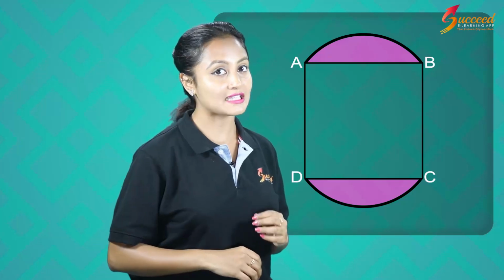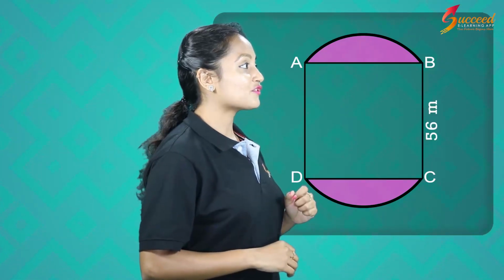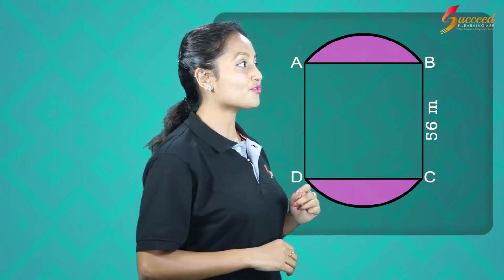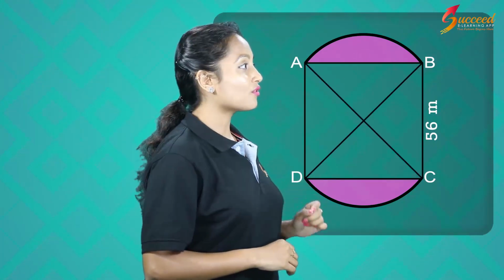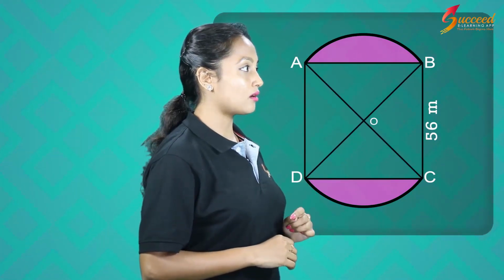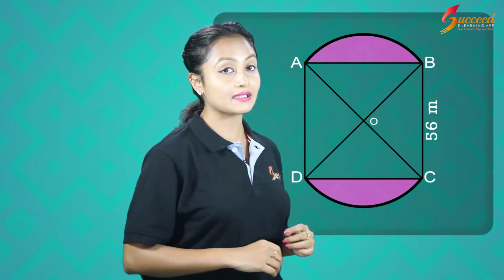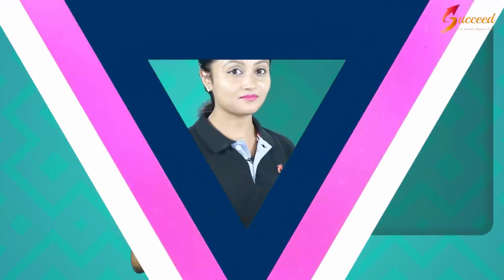In figure, two circular flower beds have been shown on two sides of a square lawn ABCD of side 56 meter. If the center of each circular flower bed is the point of intersection O of the diagonals of the square lawn, find the sum of the areas of the lawn and the flower beds.